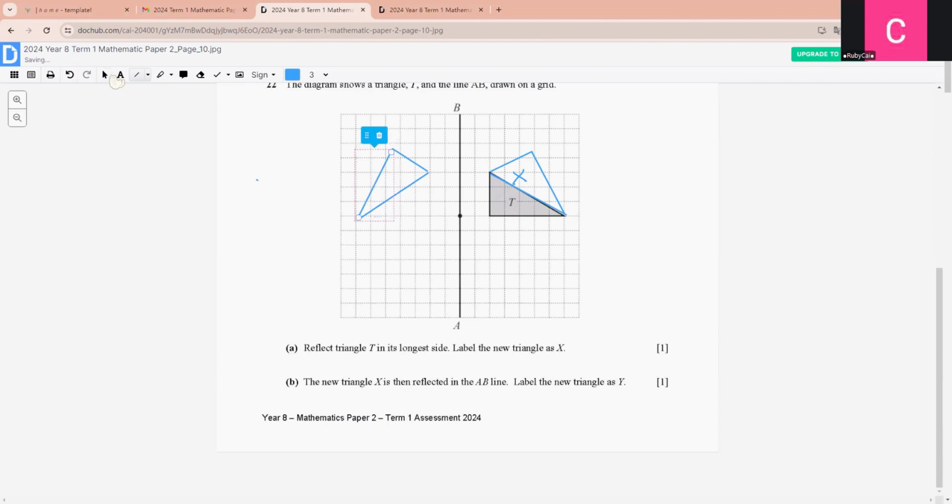And the triangle should look something like this. Just label it Y. And that's all.